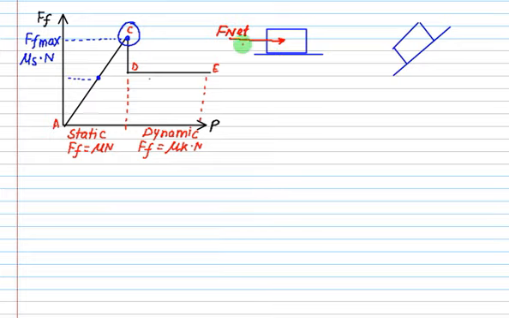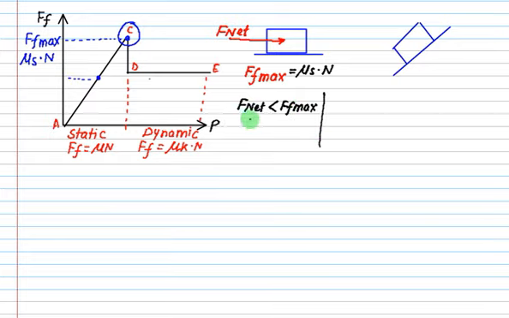Now once you do this job, you independently find out the value of F max. What is the value of F max? It is mu s multiplied by N. Now compare this value of F max with F net. One chance is that your F net is less than F max.